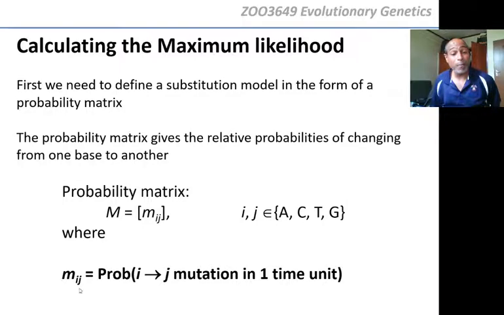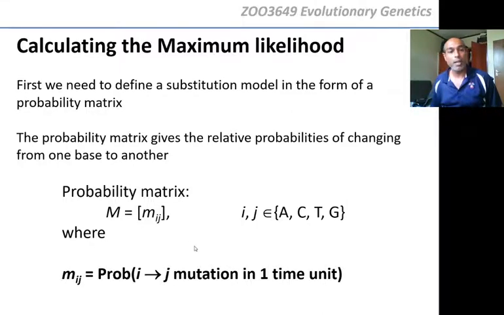So Mij could be the probability of mutating from a C to a T, or from a G to an A. It could be the probability of mutating from any base to any other base. That's one mutation, one unit of mutation in one time unit.